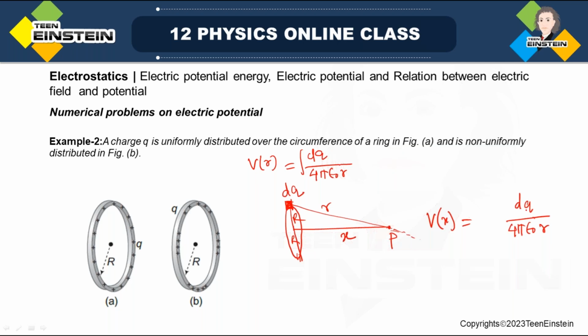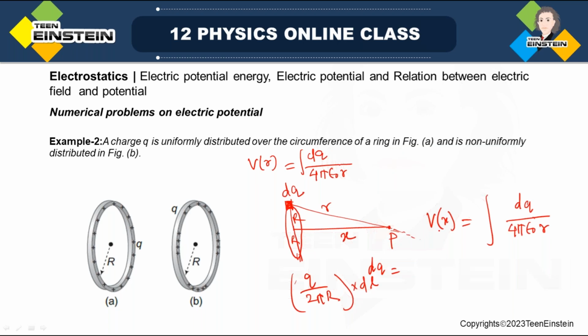We have to do the integration first of all. What is dq? Since it is on the circumference, we can write dq as the total charge q by 2 pi r, which is the charge per unit length, into dl, a small length dl.